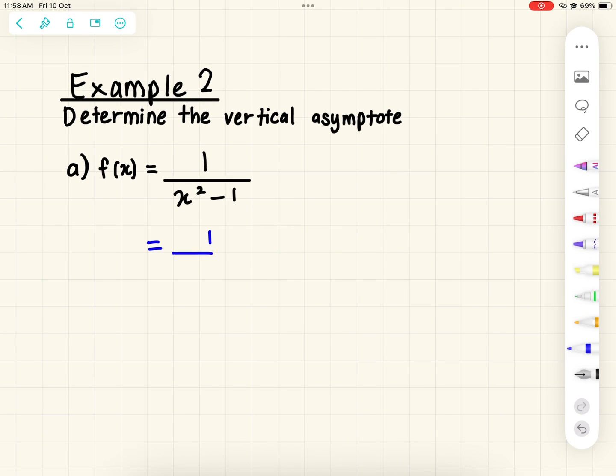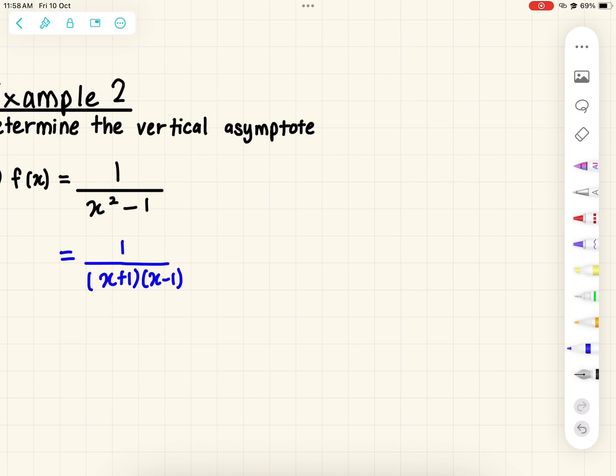To find the vertical asymptote we look at the denominator, so we have (x plus 1)(x minus 1) equals 0. Then x equals negative 1 and x equals 1. These two are our vertical asymptotes.